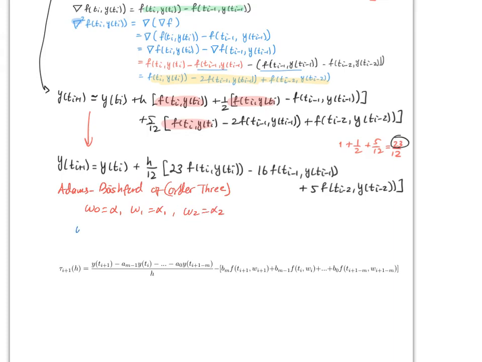Then the difference formula is going to be w i plus 1 equals w i plus h over 12 times 23 f of ti, w i. So this is the one you're going to use to compute the values. Minus 16 f of ti minus 1, w i minus 1, and then finally plus 5 f of ti minus 2, w i minus 2.